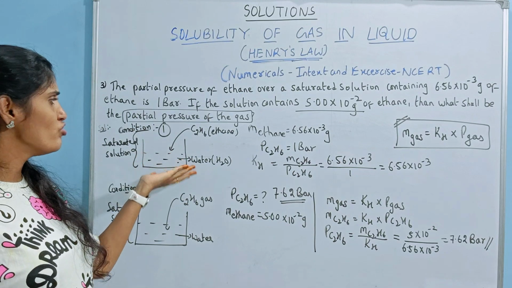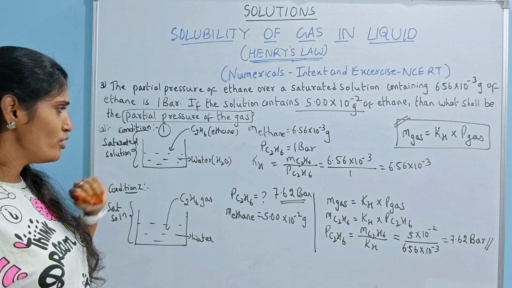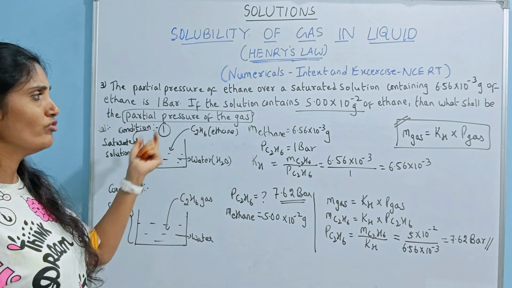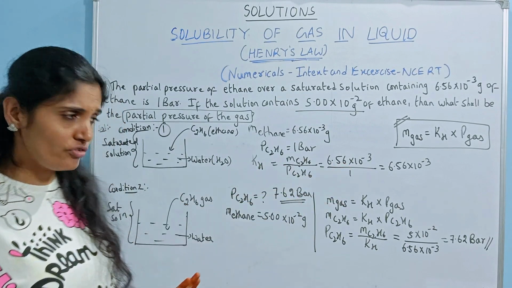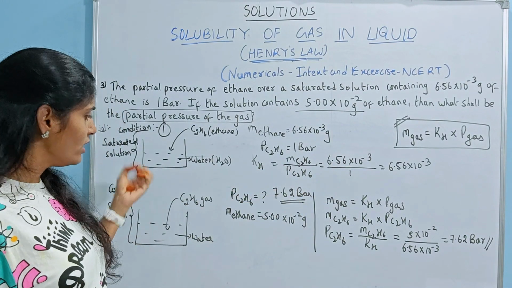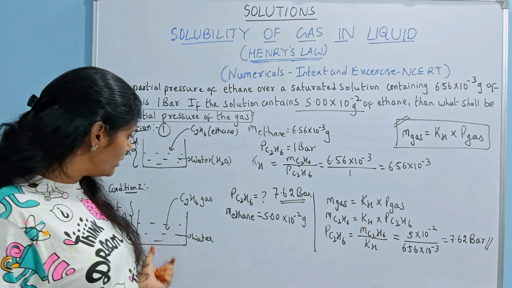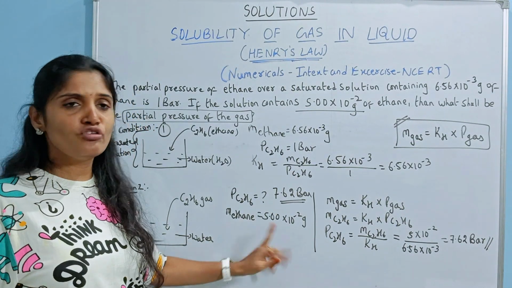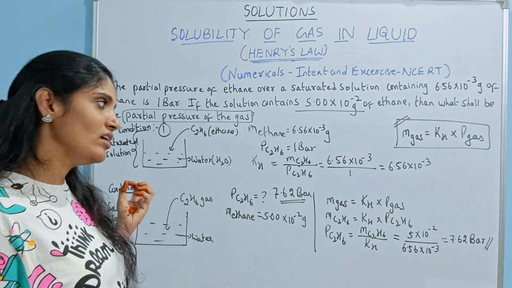There was one condition where ethane was passed at a pressure of 1 bar and a saturated solution was made. In that, the mass of ethane was given. So using this data, we found Henry's constant. Now there is one more condition where ethane gas has been passed and a saturated solution has been made. The mass of ethane in this saturated solution is 5 into 10 to the power of minus 2 grams, but the partial pressure of ethane in this case is not given.